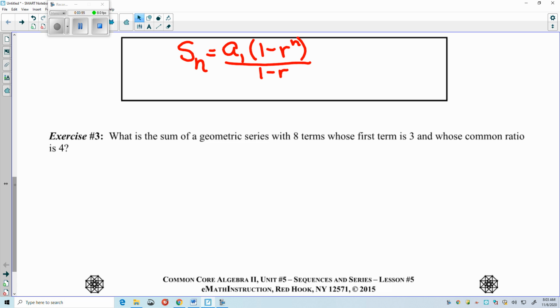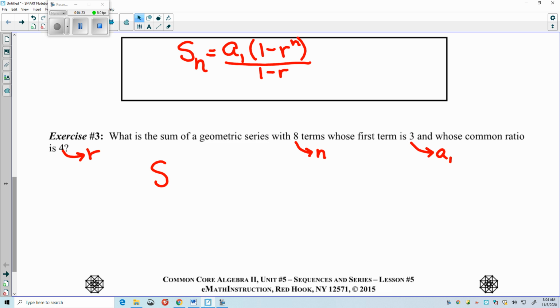It says, what is the sum of a geometric series with 8 terms whose first term is 3 and whose common ratio is 4? If I label things, I have 8 total terms, so that's my n value. The first term is 3, so that's my a sub 1, and the common ratio is 4, so that's the r value.